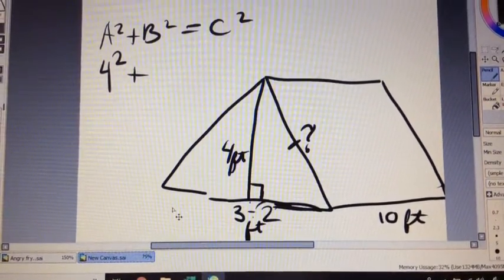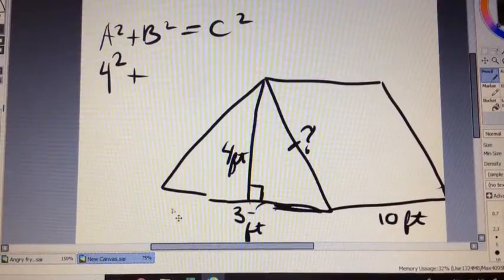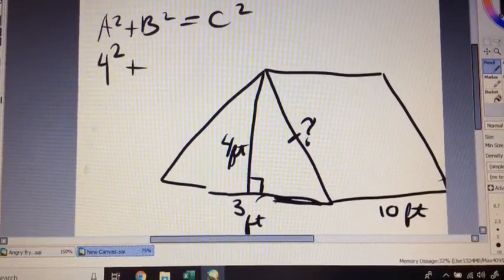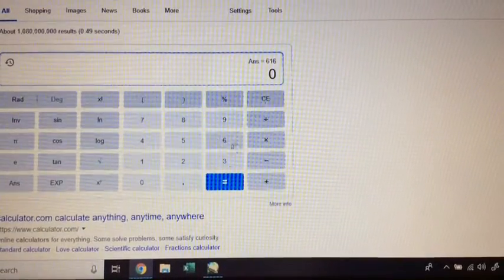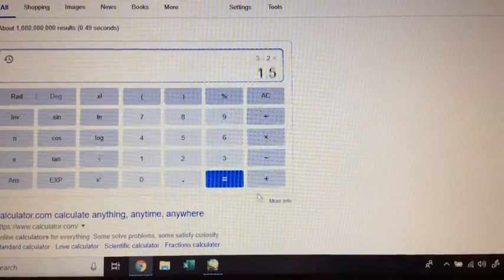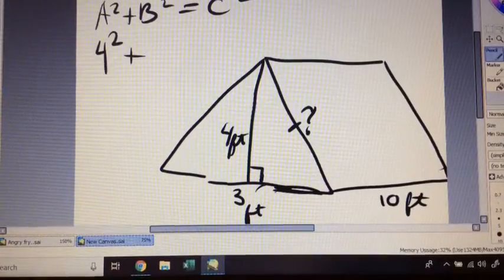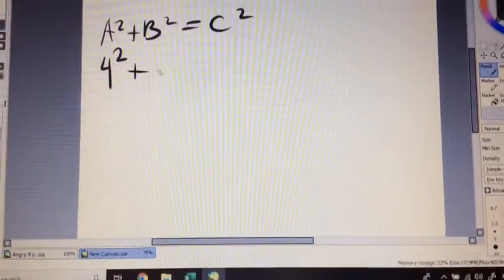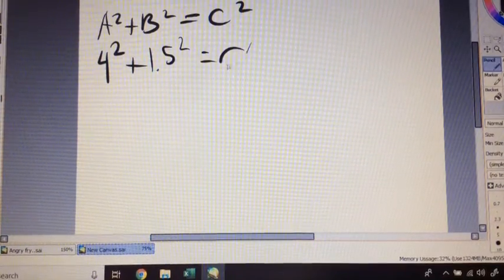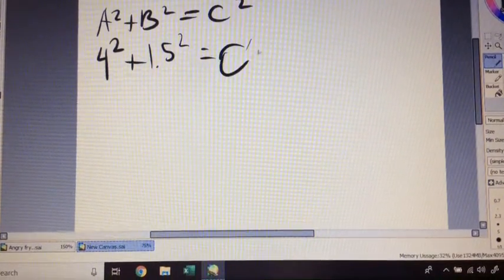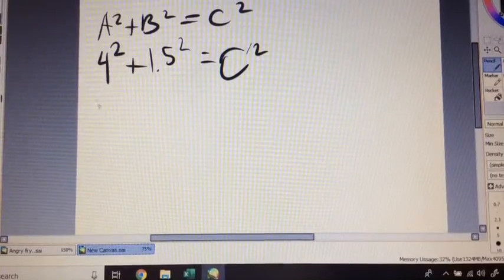And 3 divided by 2 is, well, let's just check our calculator, 1.5. 1.5 squared equals c squared.